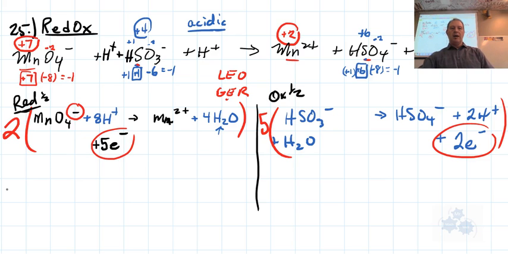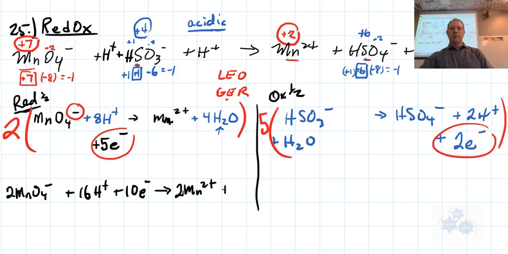Over here I now have 2 MnO4 minus plus 16 H pluses plus 10 electrons, giving 2 Mn2 pluses plus 8 waters.